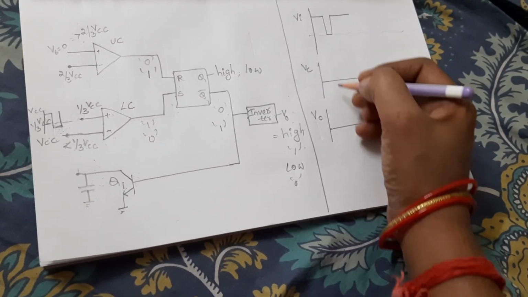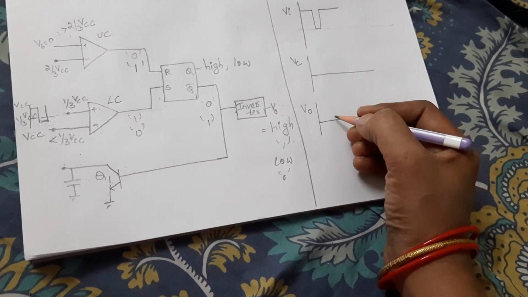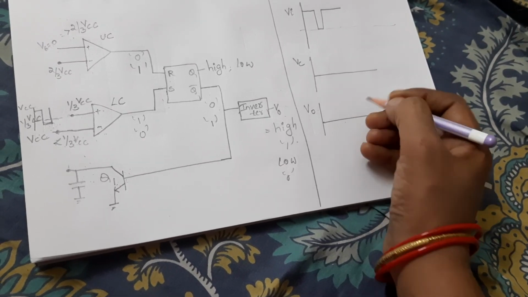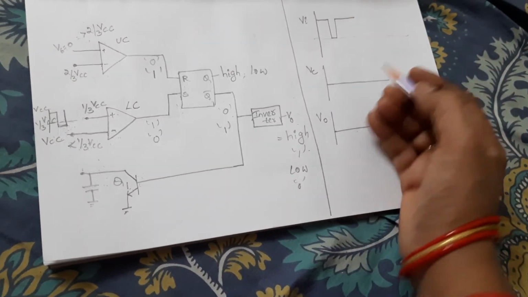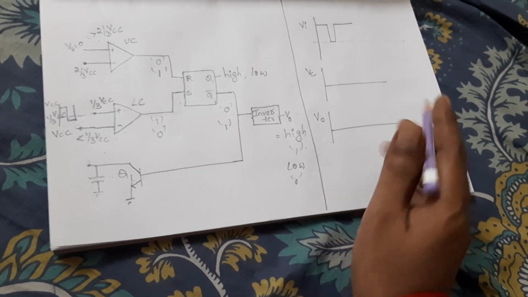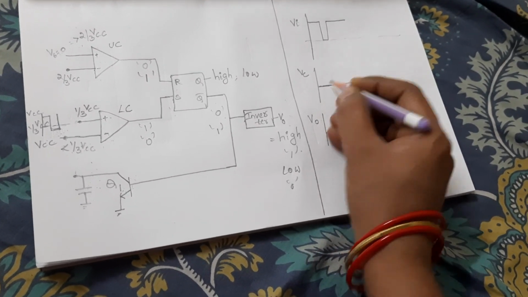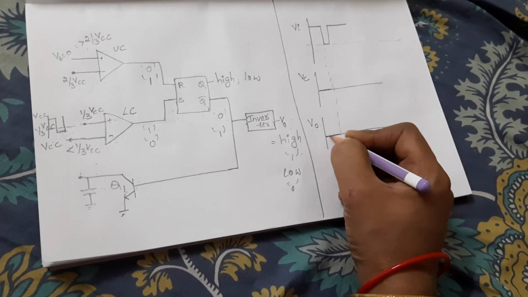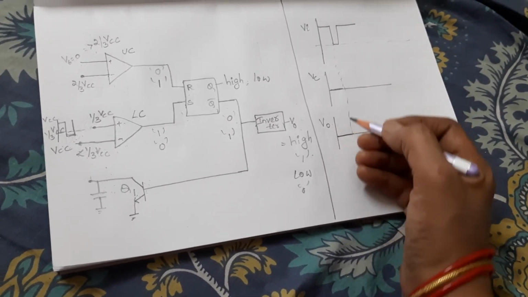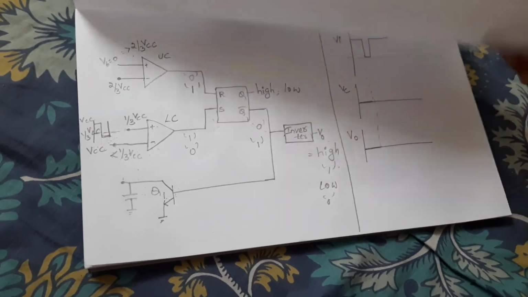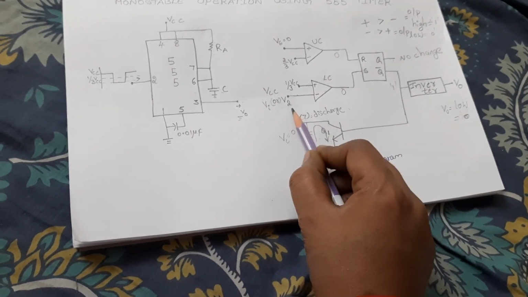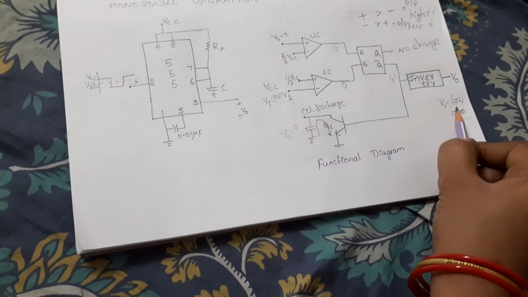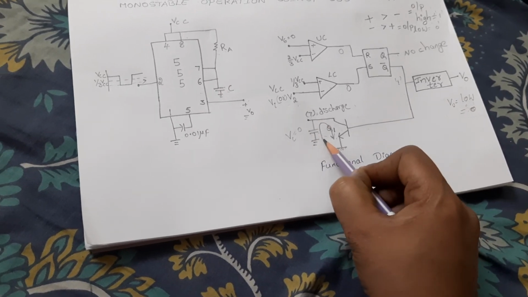How is the capacitor acting and what will be the output? Before applying the triggering pulse, the output will be low and the capacitor is discharging.